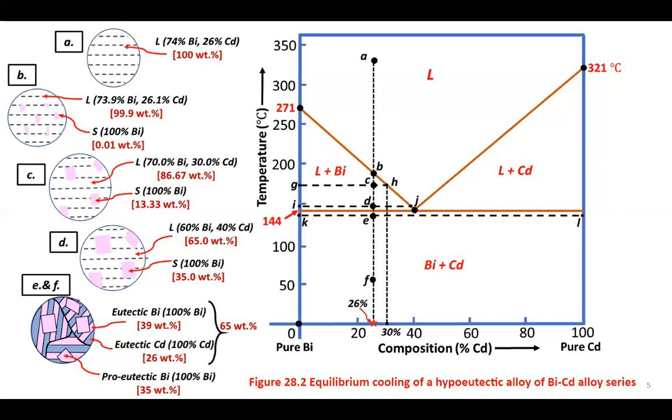Bismuth, out of these two elements, bismuth and cadmium, is a less metallic element. So here, actually you are showing the growth. This solid phase is nothing but pure bismuth. And since pure bismuth happens to be a less metallic thing, we cannot show it through dendrites.